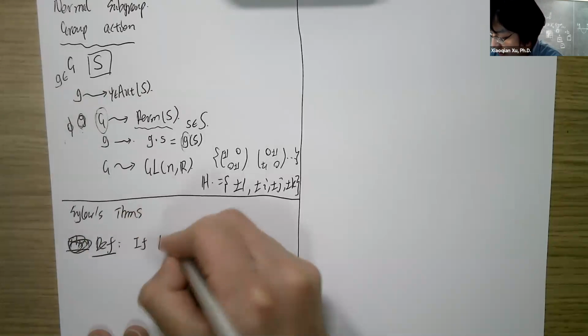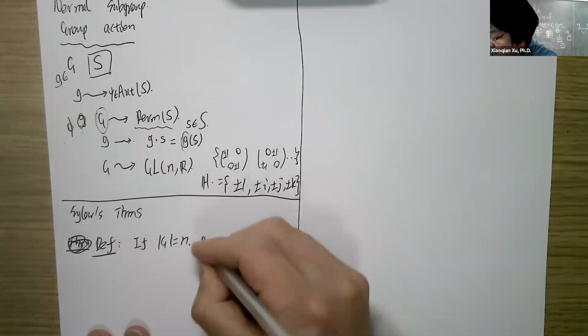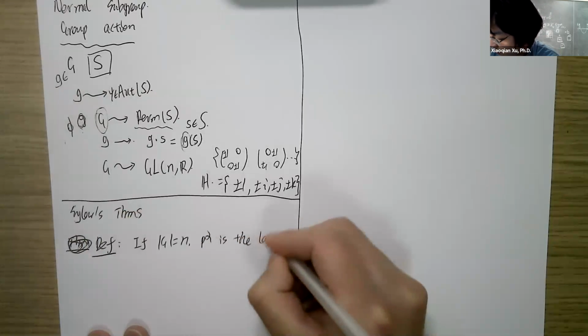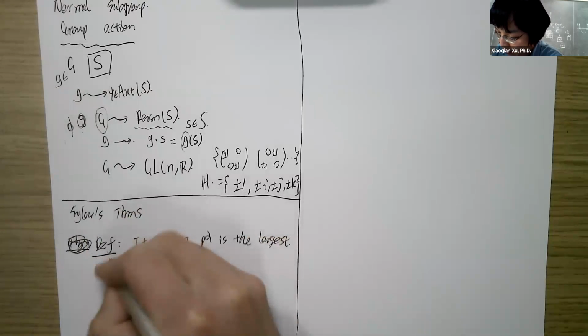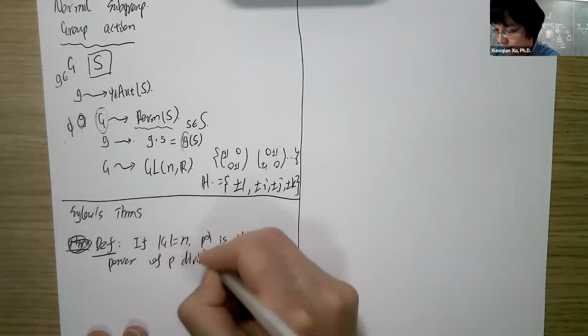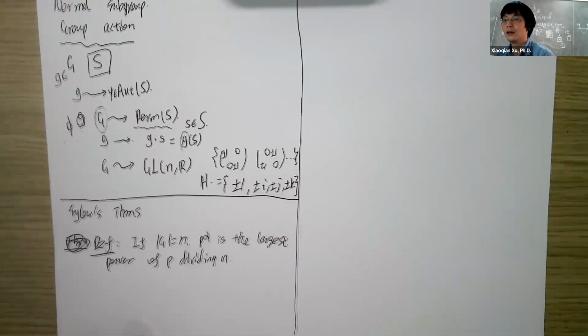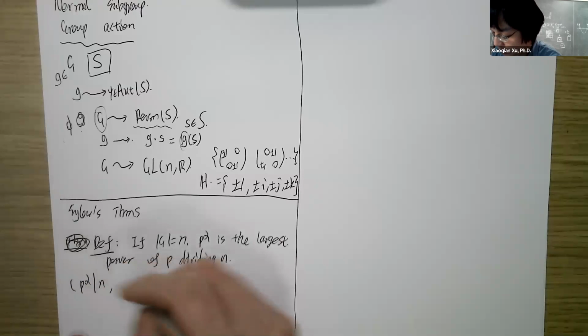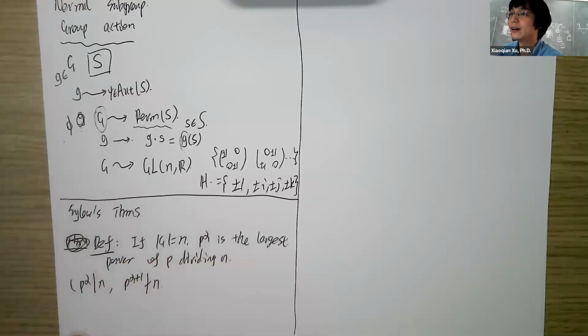Let's say |G| = n, and p to the alpha is the largest power of p dividing n, which means p to the alpha divides n and p to the alpha plus 1 does not divide n.